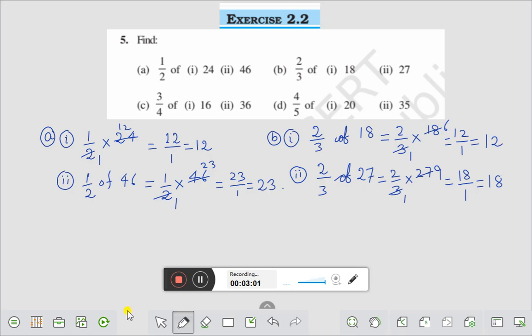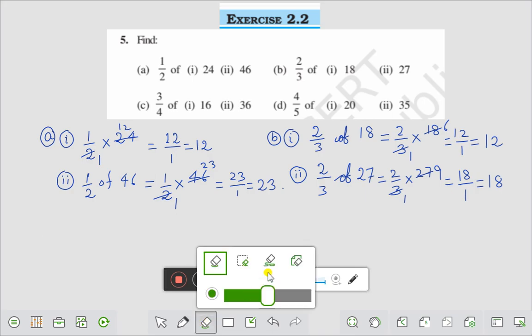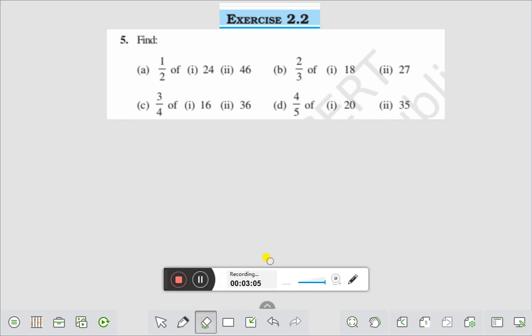Now you solve question number C. Question number C1, that is 3 by 4 of 16.